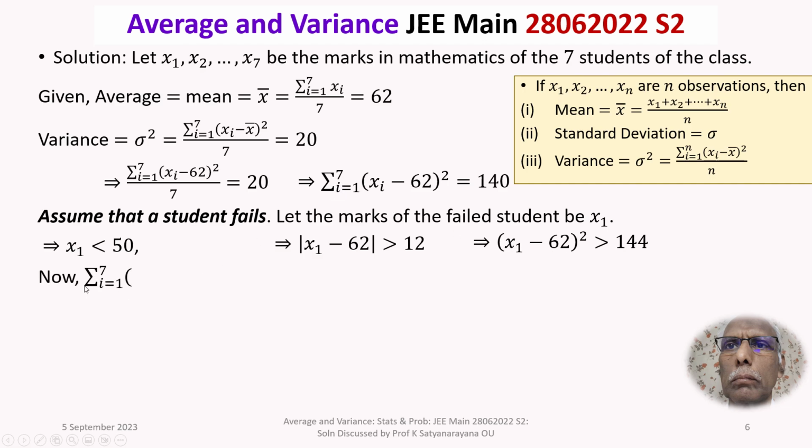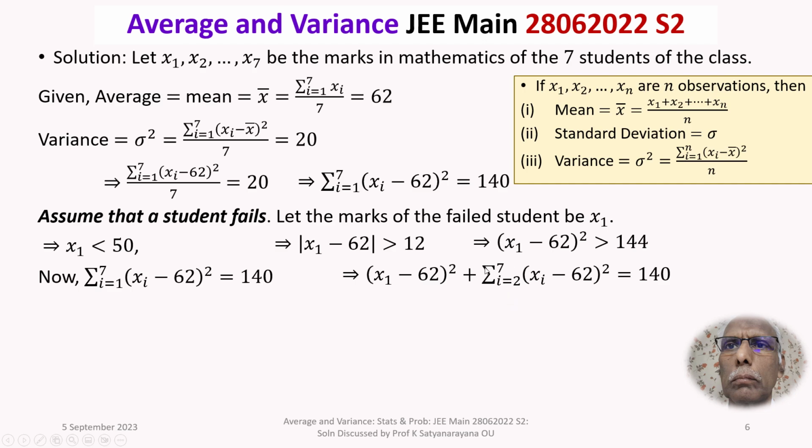Now sigma i equal to 1 to 7, (xi minus 62) whole square, is equal to 140, and break it into the first one plus the remaining. So (x1 minus 62) whole square plus sigma of the remaining, i equal to 2 to 7, (xi minus 62) whole square, is equal to 140. And you know (x1 minus 62) whole square by your assumption is greater than 144.